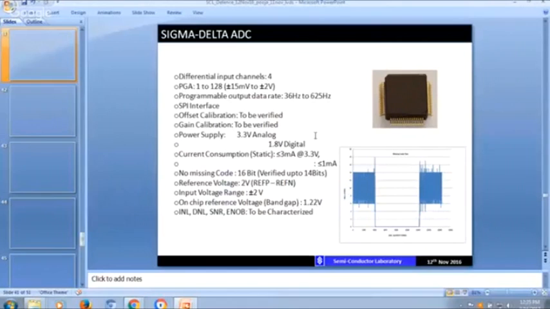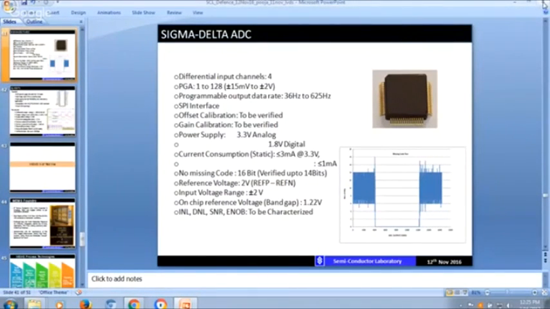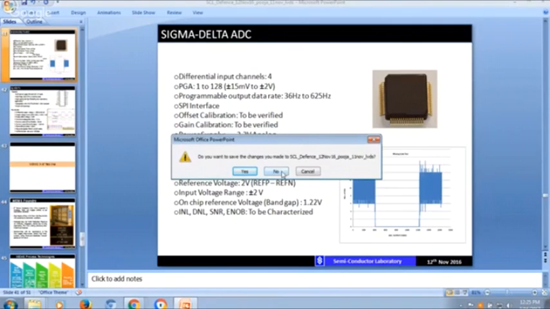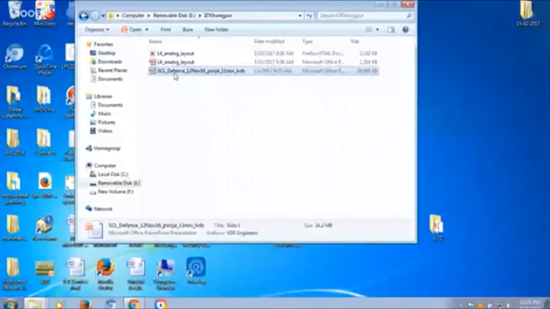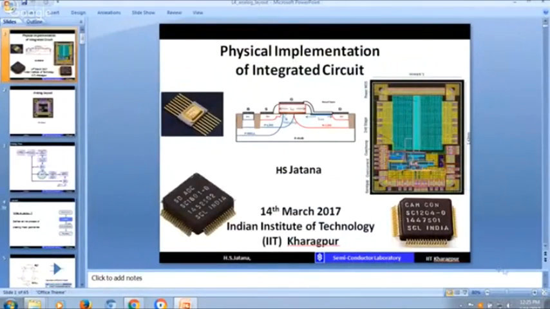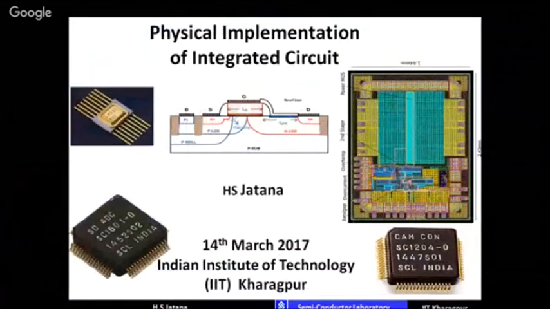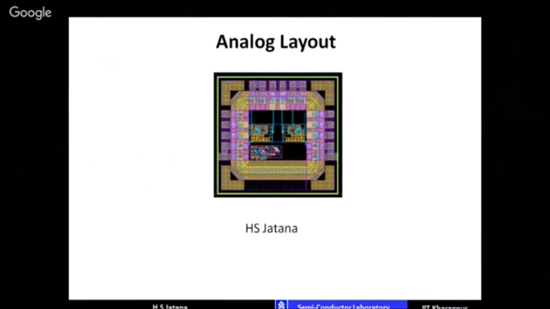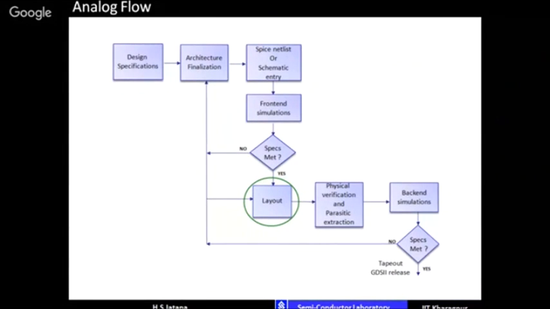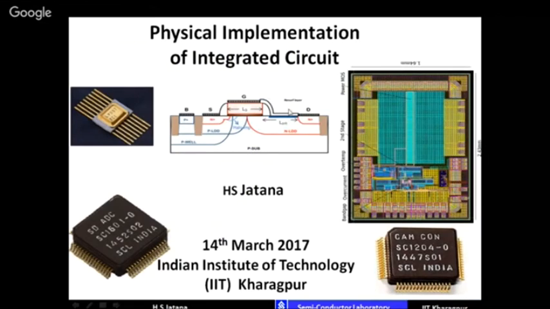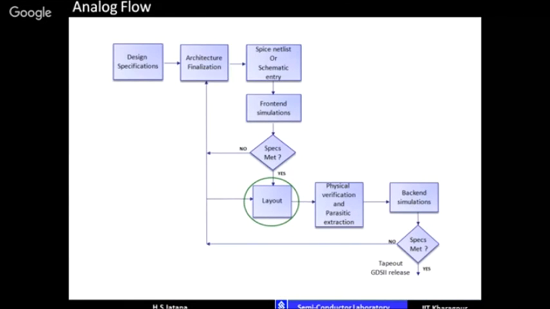So as an overview, I've shown you some of these designs. Now we have covered starting from the design. We have to do the front end part. We have to finalize the architecture, and then do front end simulations. If the specifications are met, then we go for a layout.